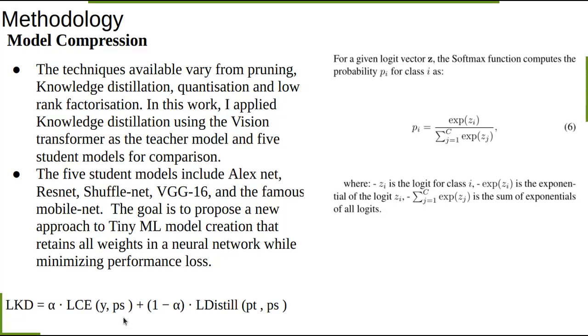Here, we are seeing our knowledge distillation loss equation, which is equal to the weight decay, which is the alpha, multiplied by the cross entropy loss, which has inputs like the Y true labels and then the student prediction. The student prediction is used twice here, also calculating the distillation loss.